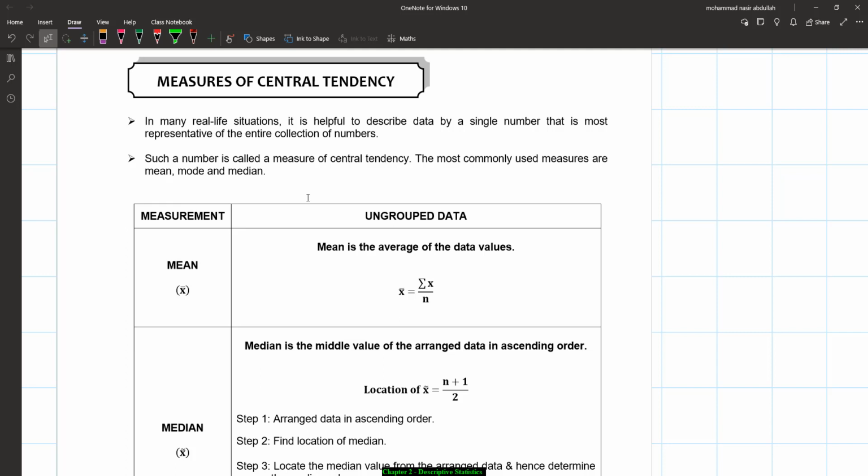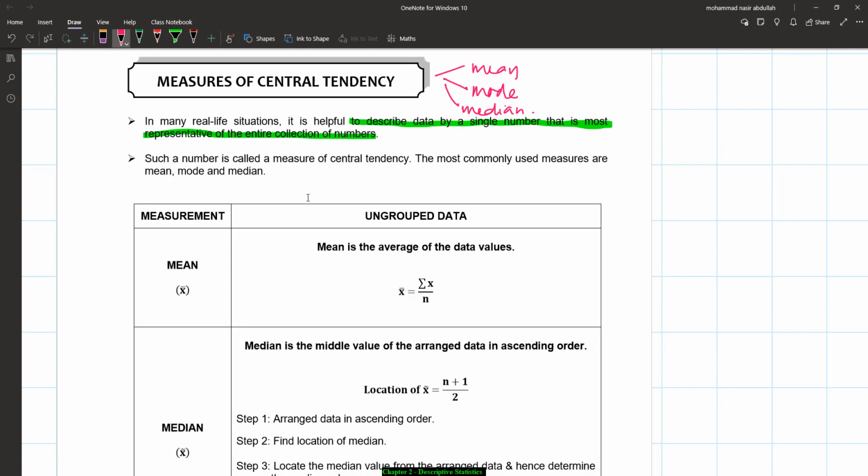Mean is the average, mode is the most frequently occurring value, and median is the middle value. In real life situations, it is helpful to describe data by a single number that is most representative of the entire collection of numbers. This is what we call a measure of central tendency. They consist of mean, mode, and median.